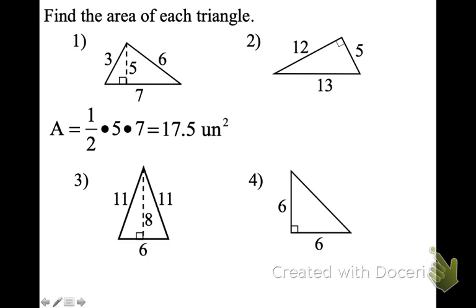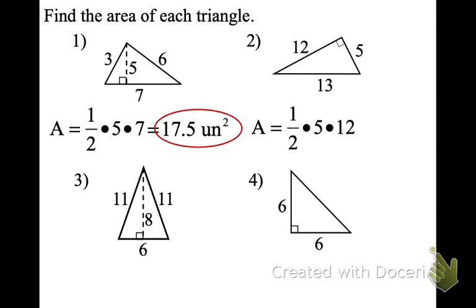All right, let's check our work. Number 2. Remember, we're looking for that right angle. That's what identifies our base and our height. 1/2, 5 times 12. I personally like to do 1/2 times 12. 2 divides into 2, right? 2 goes into 2 once. 6 times 5 is 30 square units.